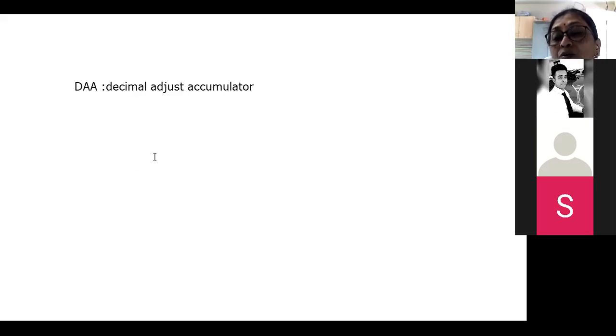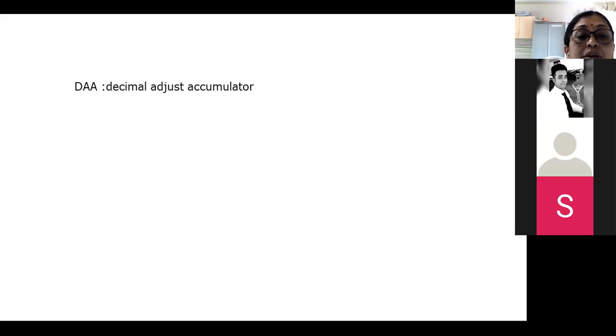In that case, you have to use the DAA instruction after the add instruction. Then there will be a decimal adjust of the accumulator. The meaning of this is that the result will contain a proper BCD number. Are you getting the point?